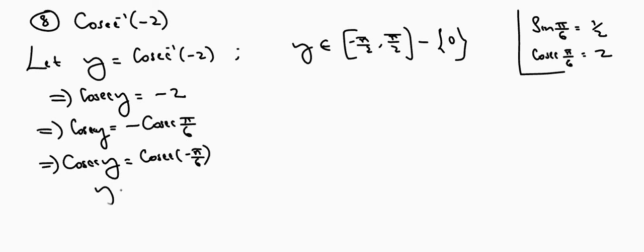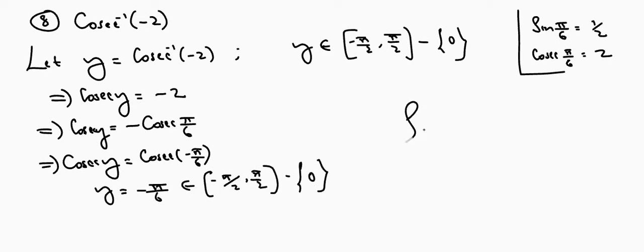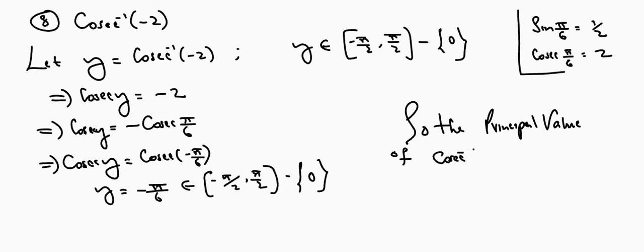Then y equals minus pi by 6, which is an element of its range. So the principal value of cosec inverse of minus 2 is minus pi by 6.